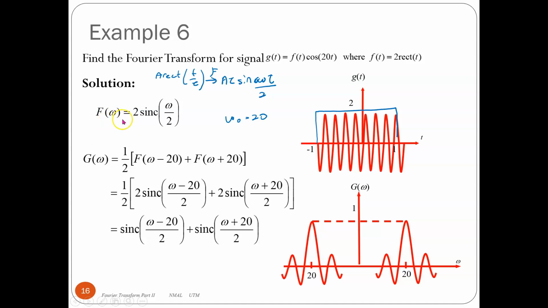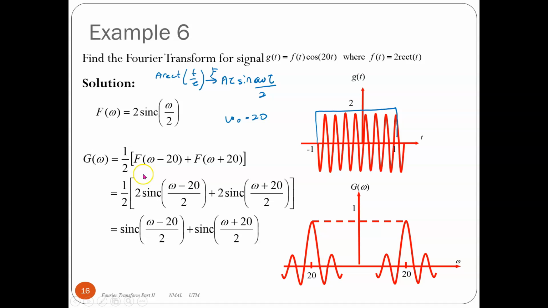So basically what we have to do is change this omega in F(omega) into omega minus 20 and omega plus 20. To put it in the form of the Fourier transform for G(omega), this is equal to 1 over 2 in square brackets, F(omega minus 20) plus F(omega plus 20).